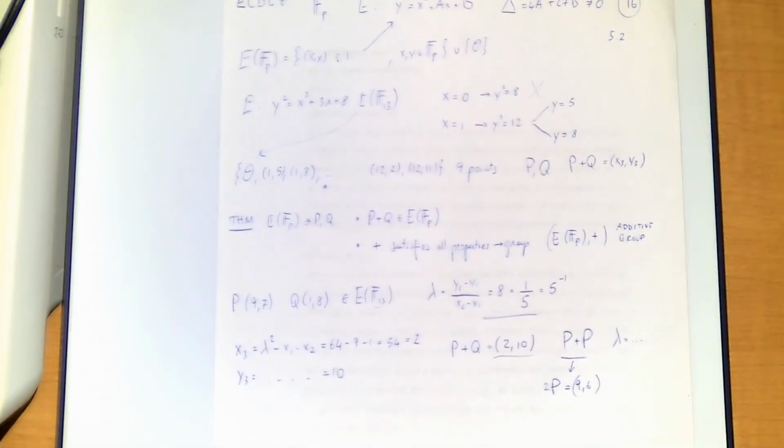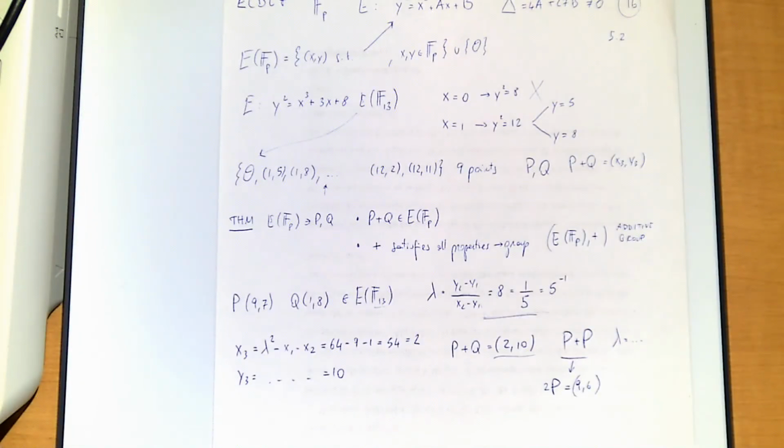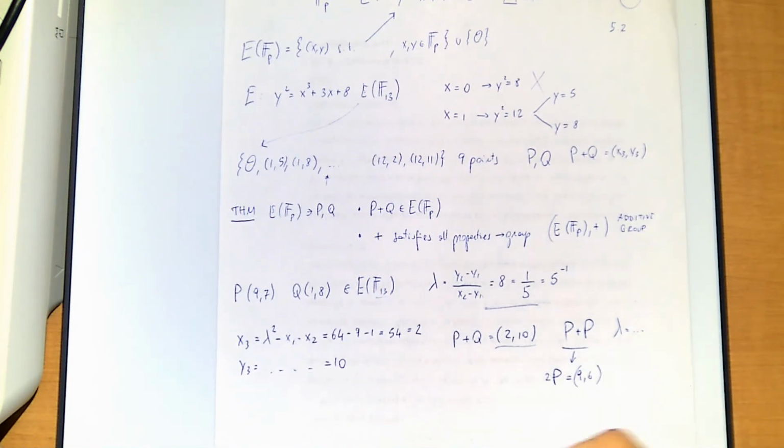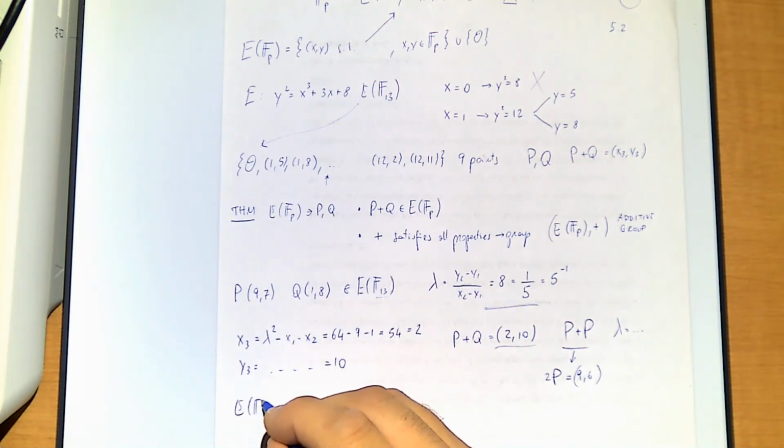Okay, so now that we have nailed down what an elliptic curve is over a finite field and how to add points, well, let's try to have a closer look at this set of points, because we did say that essentially E of Fp is finite.